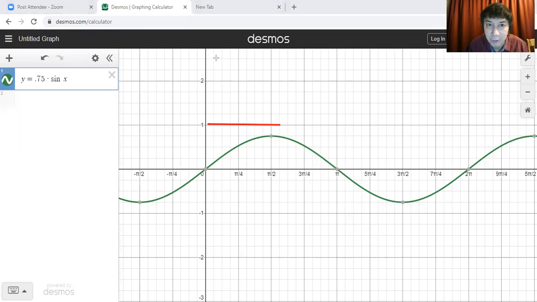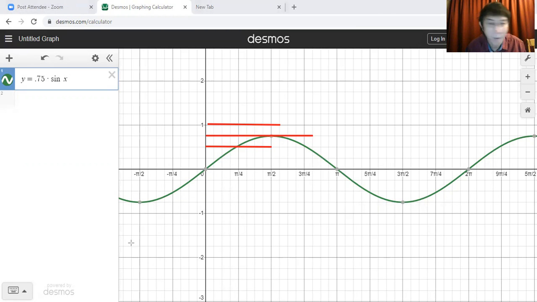This is 0.5 level, and this is 0.75 level there. It's the maximum now. So the amplitude tells how high the sine wave will be graphed. All right, so this is all about the amplitude.